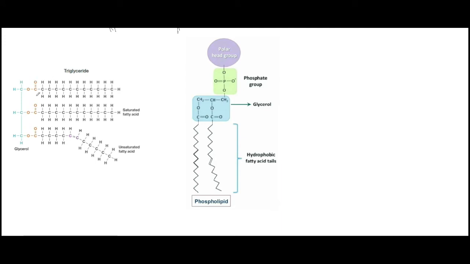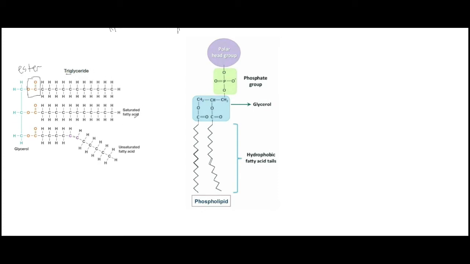So we see our glycerol here in blue, and then they show what used to be the carboxylic acids here in red, but now that we have a C bound to it instead of an H, this becomes an ester bond. And so we see we have 3 fatty acids on it, which is why it's called a tri, that has 3, and then glyceride because it's bound to glycerol.